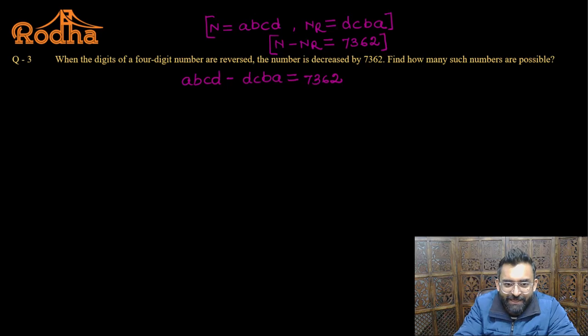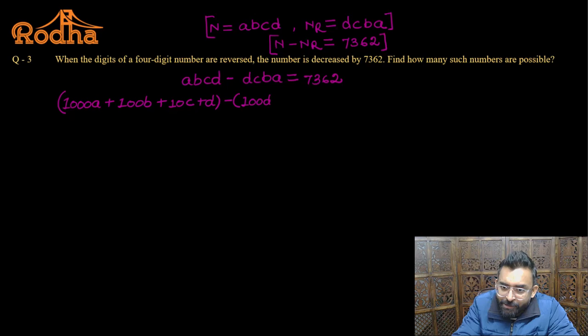This is 1000a plus 100b plus 10c plus d, minus (1000d plus 100c plus 10b plus a). That is 7362. I'm writing it again just to make it absolutely clear to all of you.